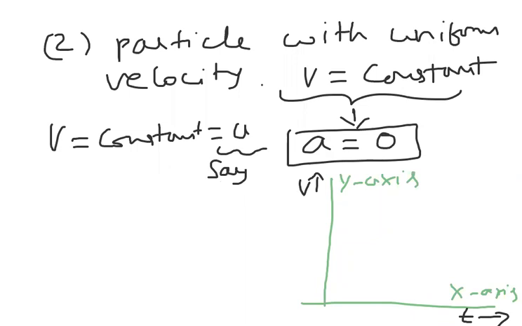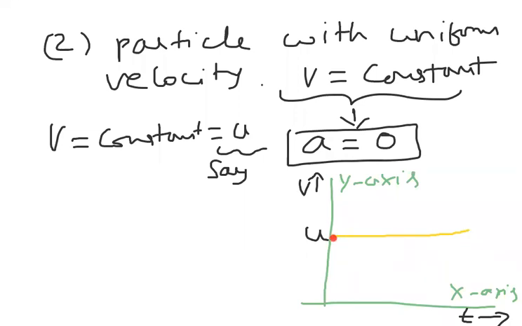At any particular time, the velocity is not changing. Whenever we have that information, we have to draw one line parallel to the x-axis. Here it indicates that the u value is not changing.